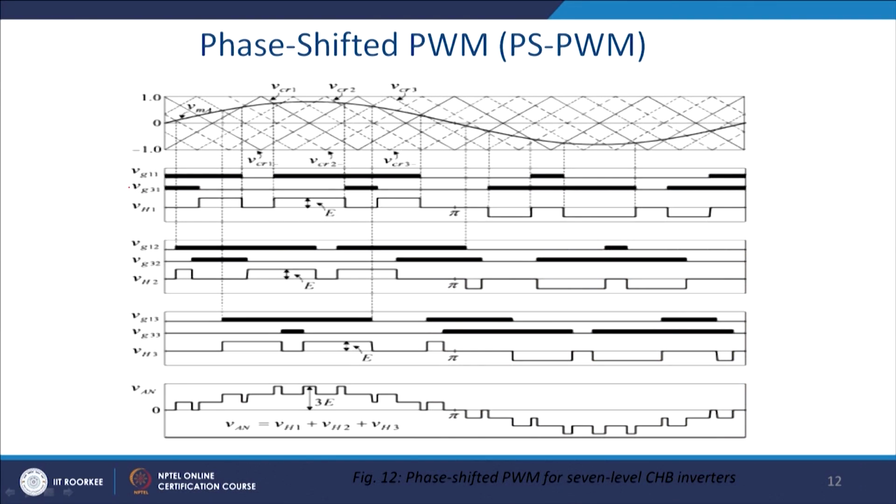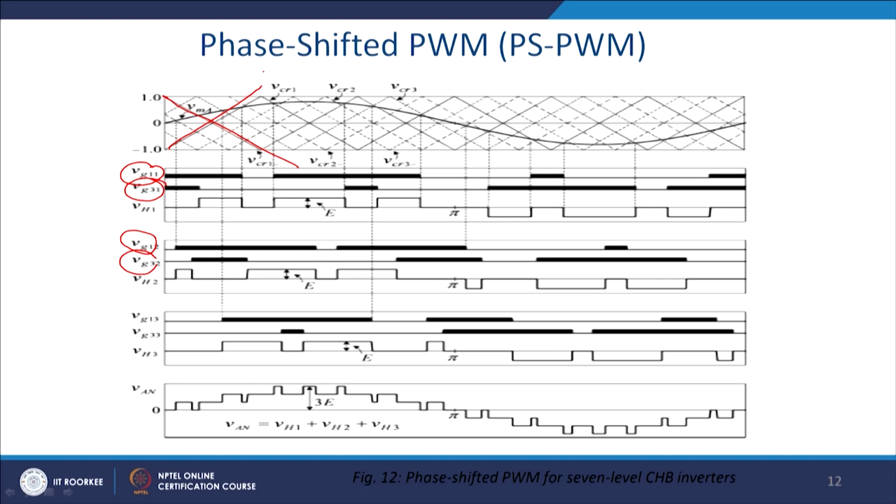This will be the gate signal for VG1 and VG13, so these will be the positive signals. In the same way, VG12 and VG23 will be given by these gate signals, where the carrier waves are 180 degree phase shifted. This one will start from here and that one will start from here.